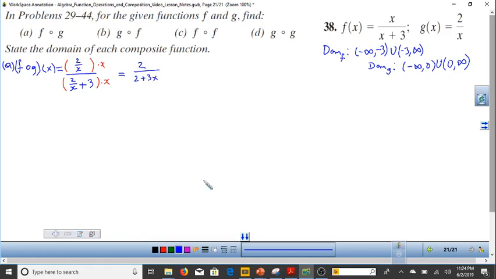Now, what is the domain of this? We note here that this part only works if x is not equal to -2/3. But we also know that the domain of the inner function is the only part we can look at. So the domain of the composition is the domain of g minus -2/3.